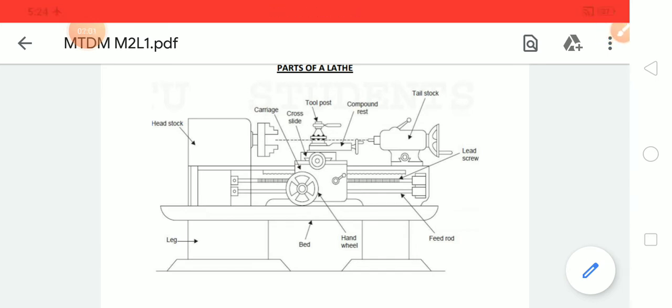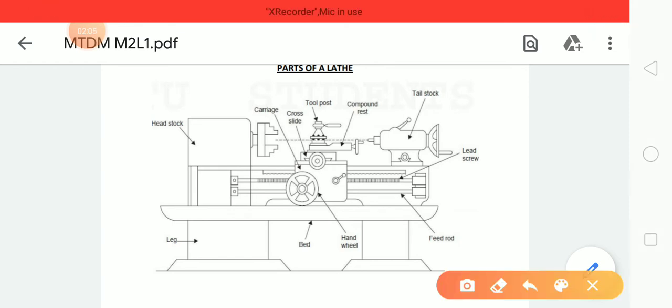Now moving to the next part, you can see the chuck. The chuck is the part where the workpiece is held in between the two stocks, and there you can also see some small part here, that is the dead center, which is attached to it. It is a perfect center, like a punch where it is perfectly sharp in shape, and that is called the dead center, and there is no movement.